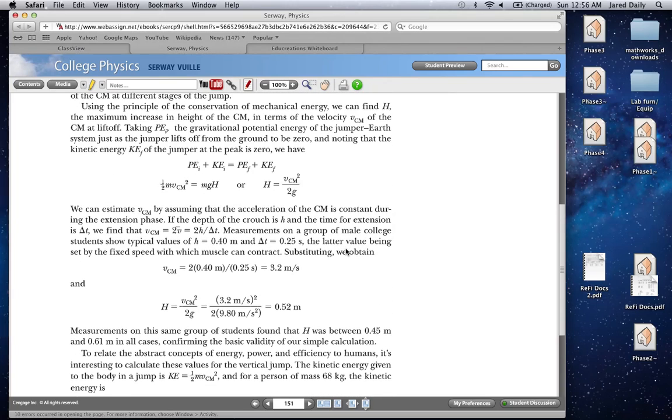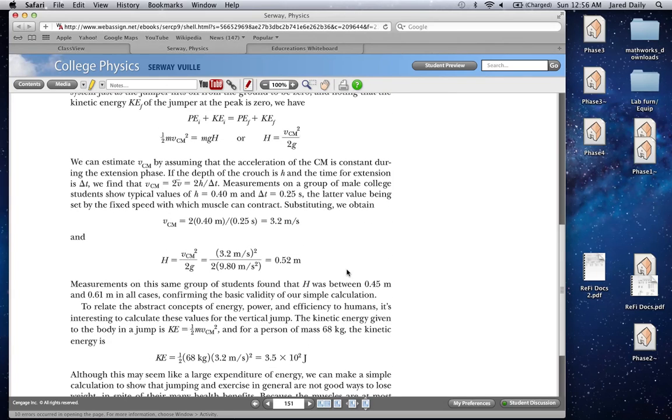Now, if you have some initial velocity at center of mass, you can go ahead, of course, and calculate the height that you're going to reach. So in this case, they take off at 3.2 meters per second. You square that divided by 2 times gravity, and you get 0.52 meters, half a meter.